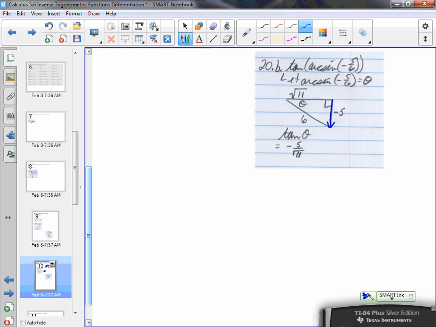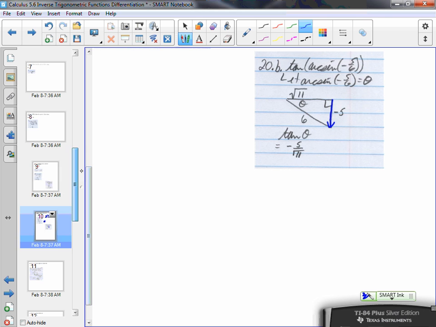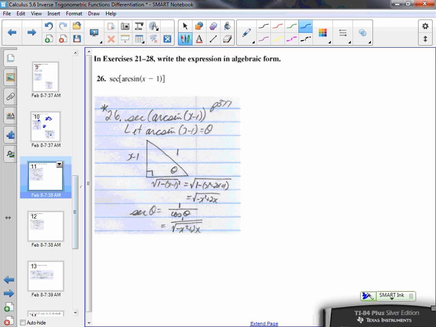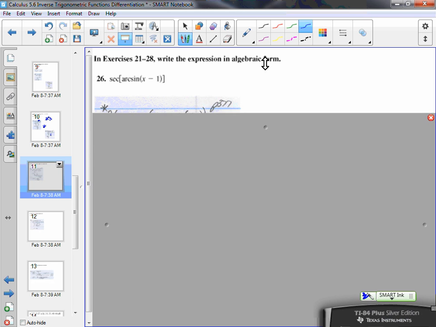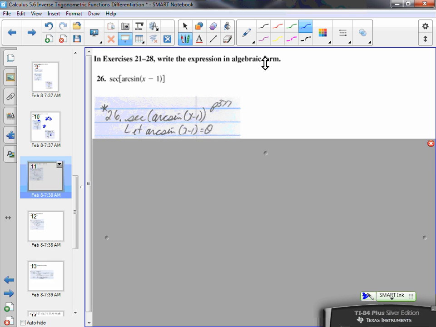Everybody get part B? All right, number 26. Now, it's the same idea, but we're going to come up with a different result because look what the directions say.